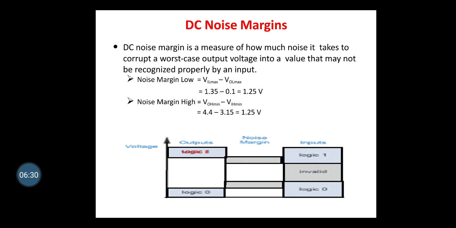For example, if the output was supposed to be 0, because of the noise you will get 1. So this is not good in your digital circuit. So noise margin low is equal to VIL max minus VOL max, and noise margin high is equal to VOH min minus VIH minimum.